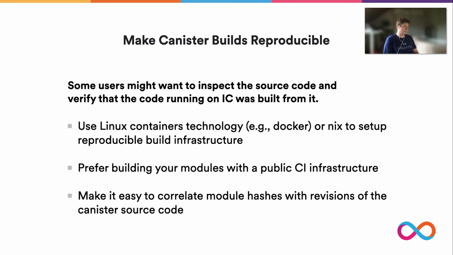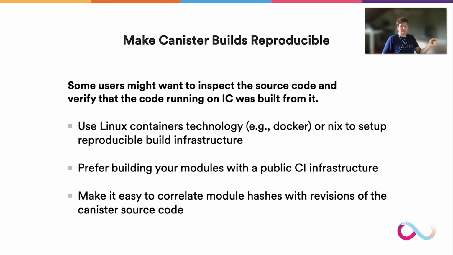Then I prefer to build things with public CI infrastructure because it makes it easier to download artifacts and look at what steps CI took to build your Wasm module. And if you evolve your canister, also make it easier for people to find the correspondence between revisions of your source code and which module hash was produced, so that people can see: okay, I have this module hash, I look at the releases in GitHub, and I know this is the release that was used to build this module with this hash.